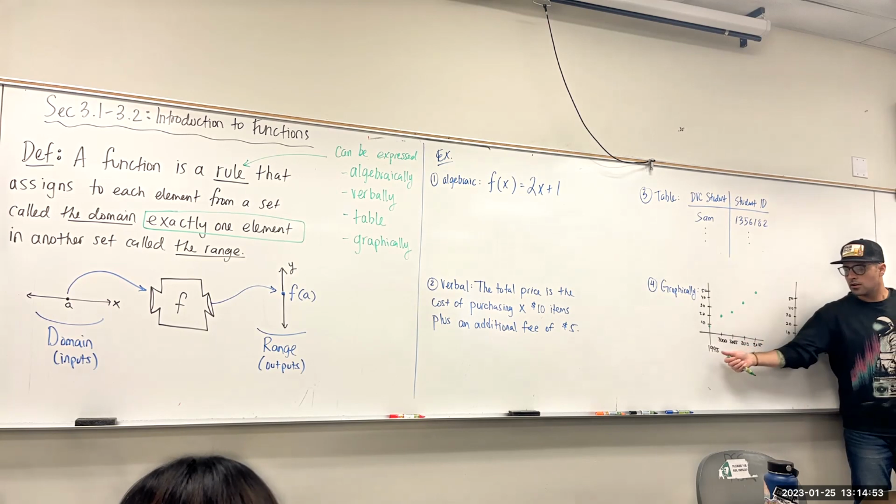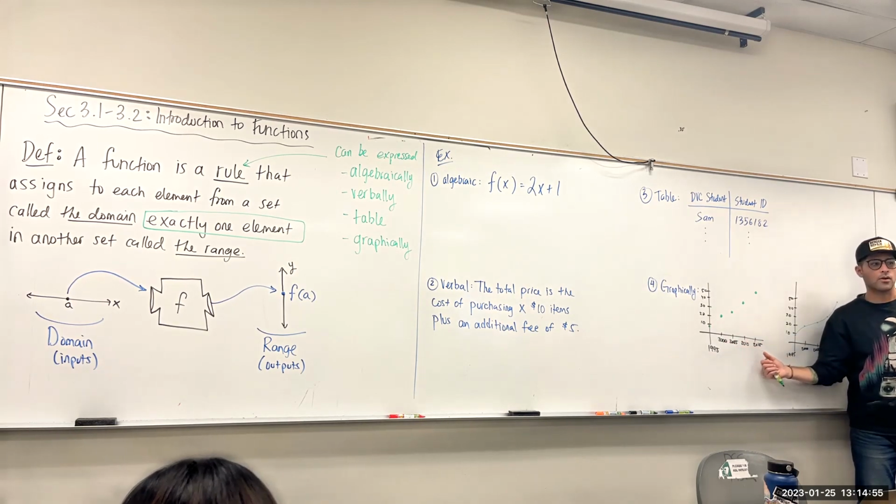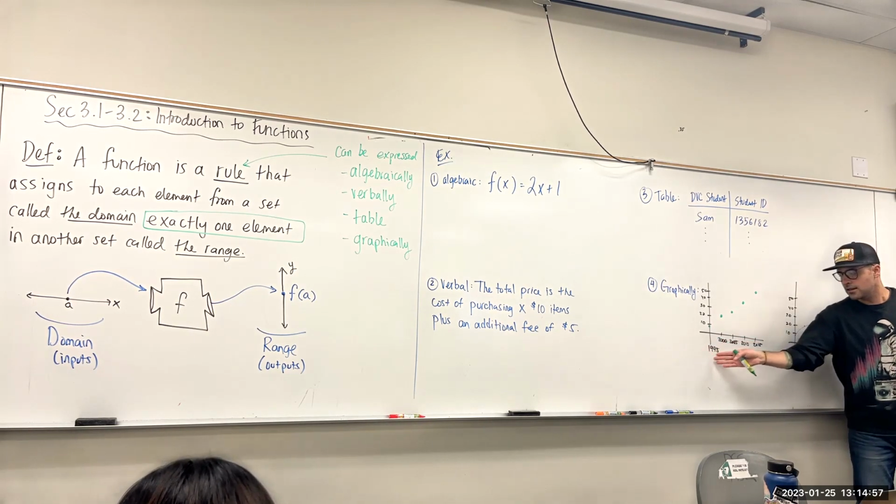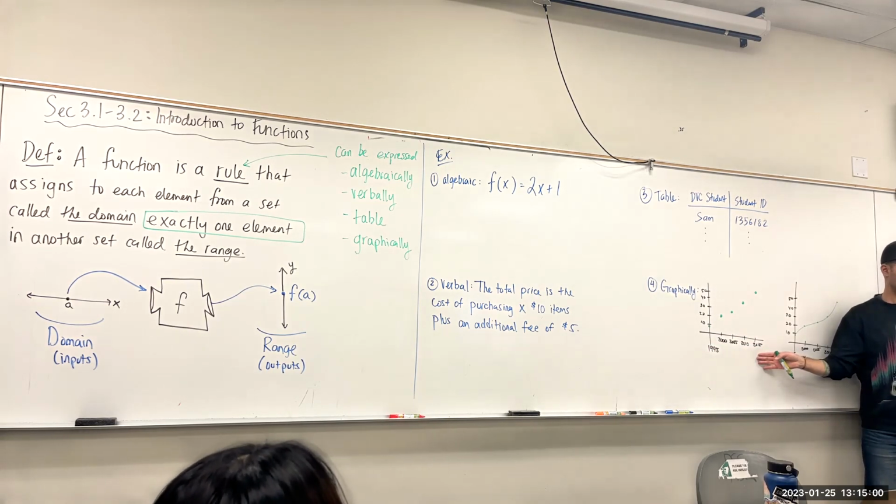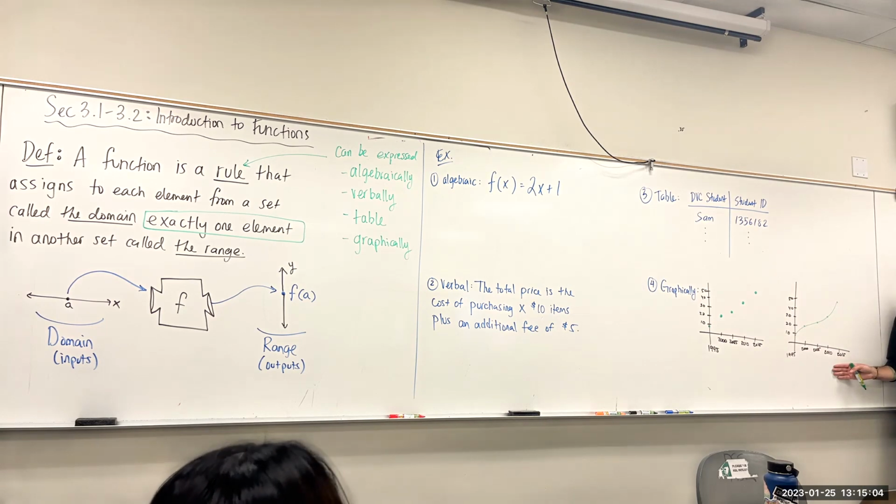Are the inputs only these 5 years, or is it all the years between 1995 and 2015? Only these years. Versus here, I'm considering the points in between, so I am considering input values between 1995 and 2015.